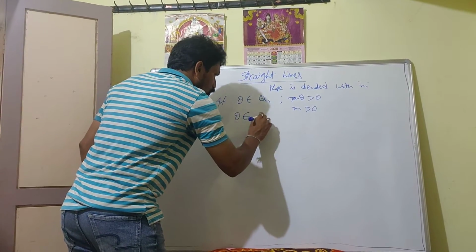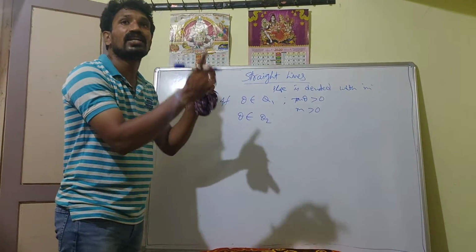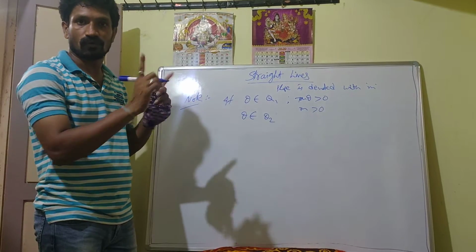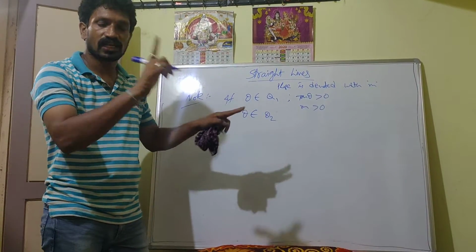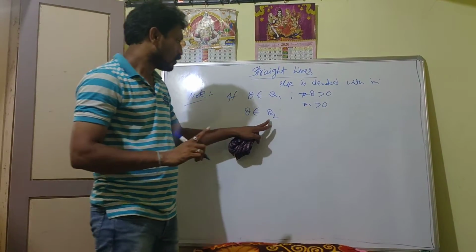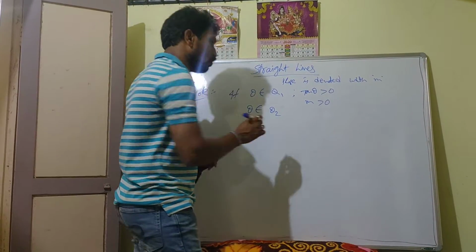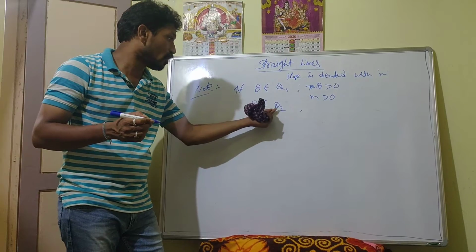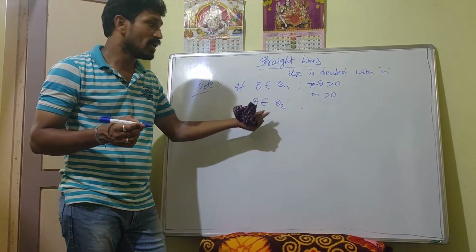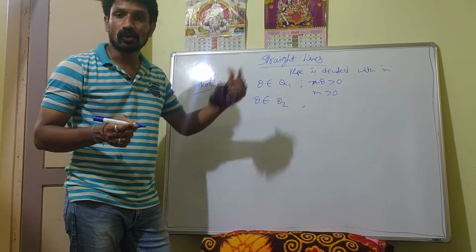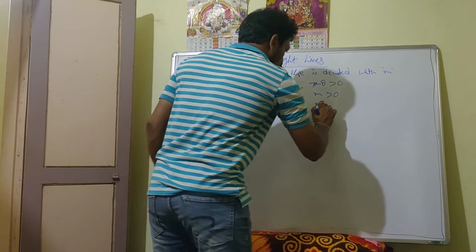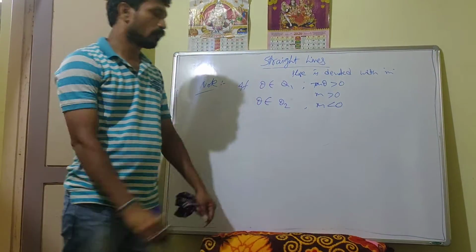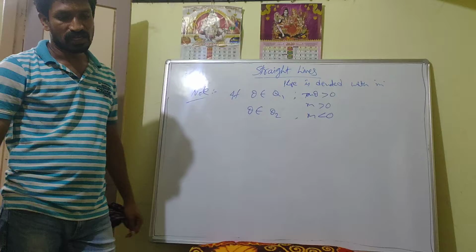If theta belongs to the second quadrant, that is 90 to 180 degrees, tan is negative in the second quadrant. So the slope is less than 0, m is less than 0.